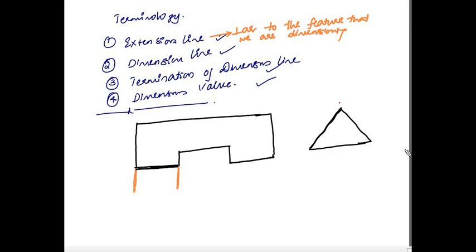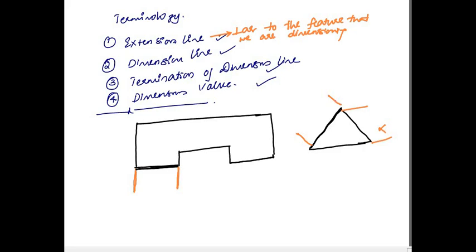When I draw extension lines for this, most of the students will draw extension lines like this, which is wrong. So the extension line should always be perpendicular. Please remember this. It should always be perpendicular to the line or the feature that we are dimensioning. So when I draw the extension line here, I have to draw perpendicular to these two lines.